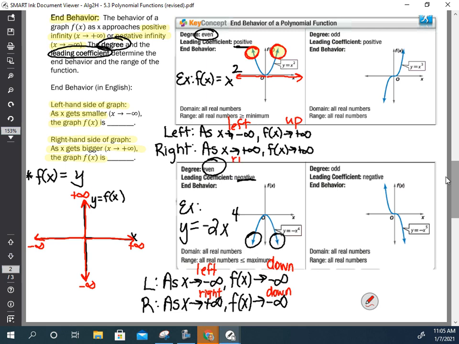As x goes to the right, the graph is pointing up. Any questions before we do the other two parts? It's not as difficult as you might think it is, but you do need to know what the symbols mean. Once you know what they mean, it's probably fairly easy.